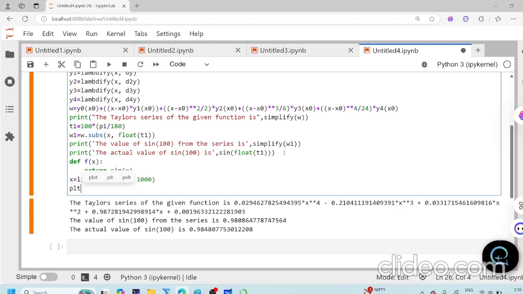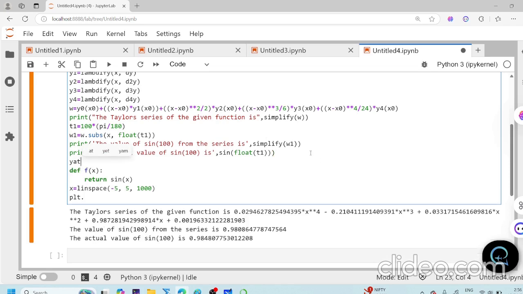There is one more code missing. I have to convert the expression using lambdify, which will lambdify the series, that is W. So y equal to lambdify of x comma W.